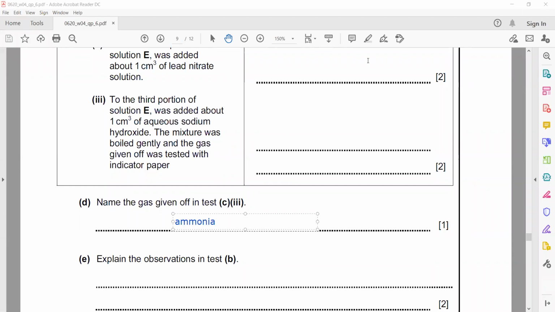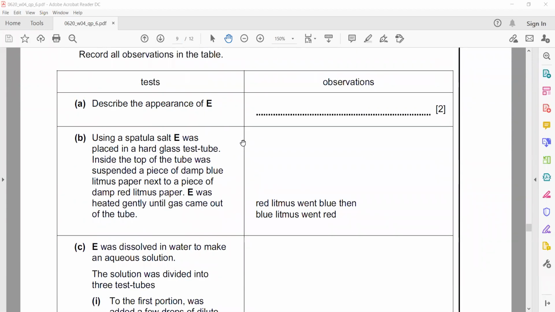Explain the observation in test B. What this test B indicates is that red litmus went blue and then blue litmus went red.